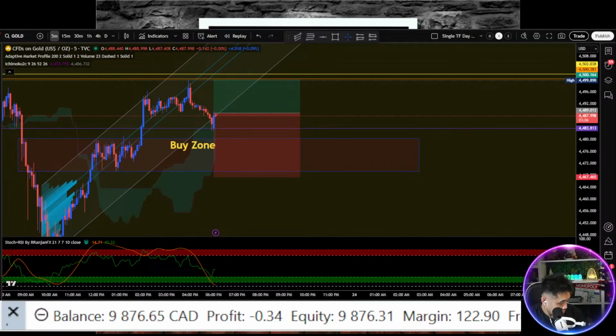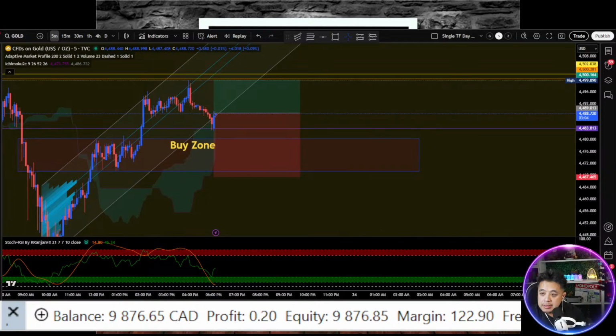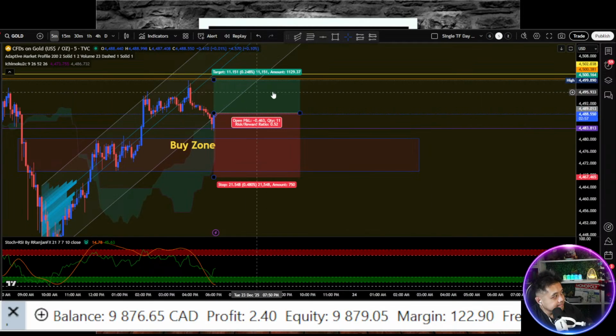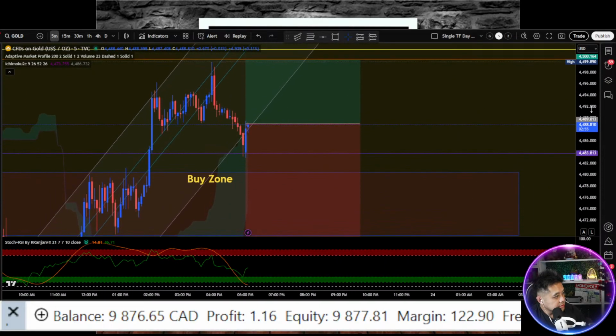Our trades pretty much went positive. But we're going to see if it's going to keep going from here, guys. Let's zoom in some more.